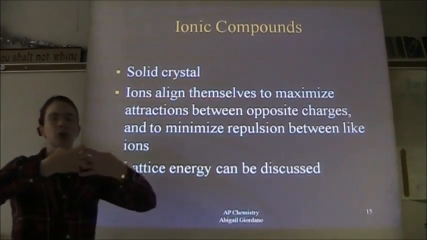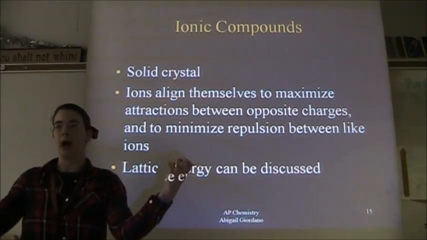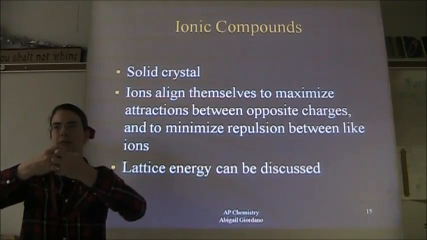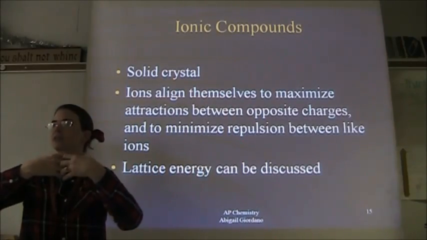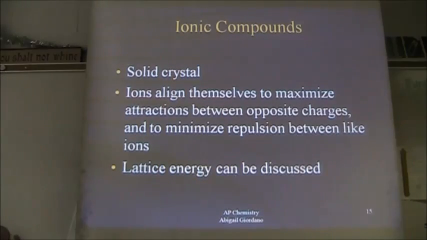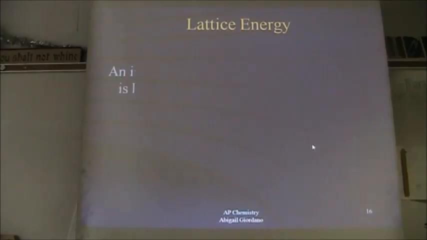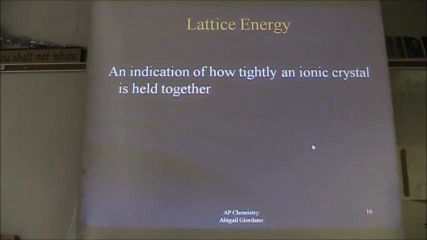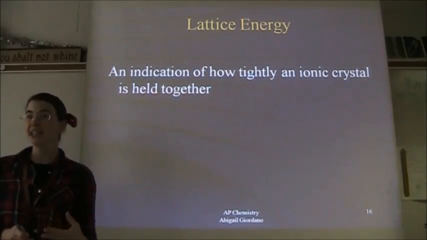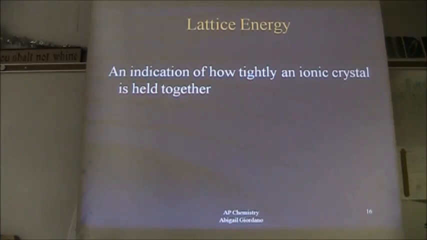So if energy is required to break a bond, what do you think happens when a bond is formed? Energy is released, and that would be exothermic. Guys, that's what lattice energy is a measure of. Okay? It's depending on how negative a lattice energy is.